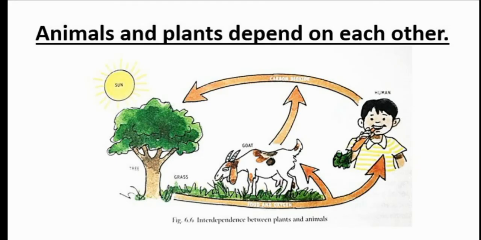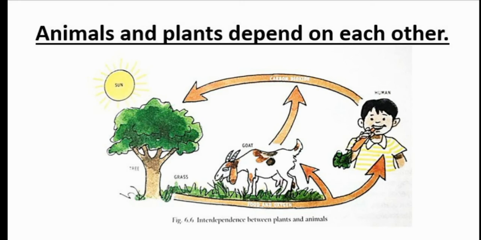Next we will learn how animals and plants depend on each other. In the figure, as you can see, the animals need food to eat and oxygen to breathe, and this food they get from plants or other animals, and they get this oxygen from the plants.